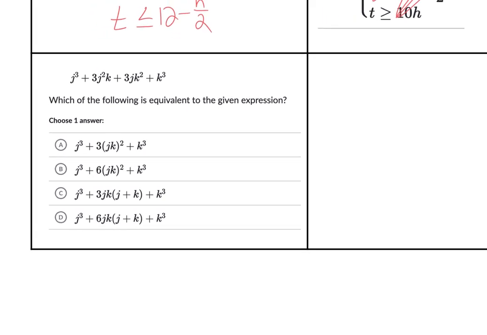Which of the following is equivalent to the given expression? Now, on all of these, it looks like I have j cubed and k cubed. So I'm just looking at the answers. And it looks like I'm factoring out the greatest common factor.